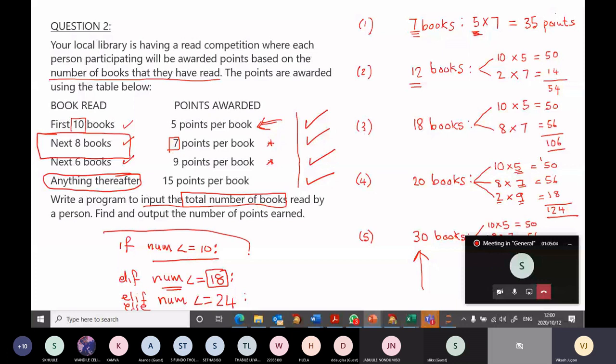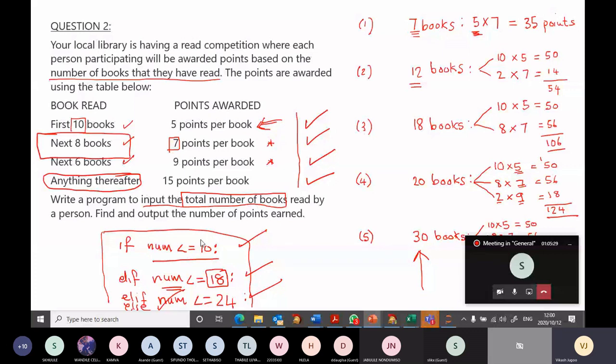So in your program, your if checking is going to be something like this. There's going to be 4 parts to it. It's a multi-way if. That's the first part, second part, third part, and there's the else, which is my 4th part.